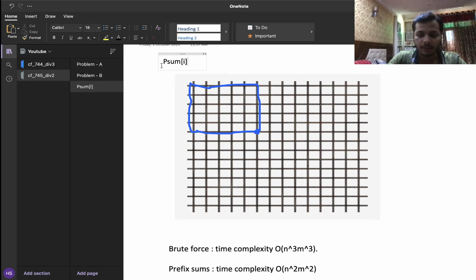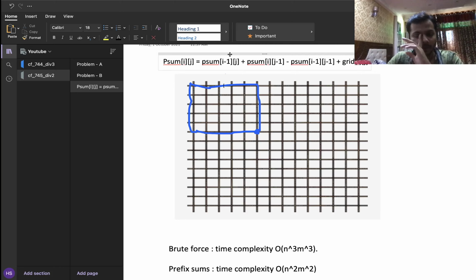Prefix sum of i j is equal to prefix sum of i minus 1 j plus prefix sum of i j minus 1 minus prefix sum of i minus 1 j minus 1 plus grid of i j. I know that the grid contains only zeros and ones, so basically prefix sum of i j here is denoting the number of ones, because the sum will only be the number of ones, right? Okay, great. Now how to prove this relation?